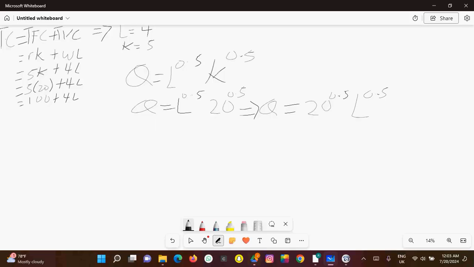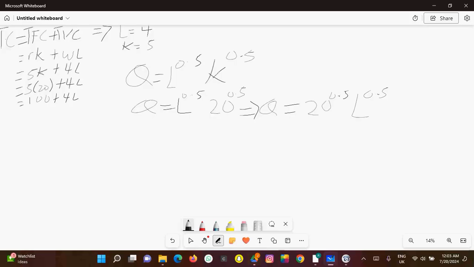Remember we normally differentiate when we are solving for marginal revenue or average revenue, for example. When we are solving for marginal cost, what we normally do is differentiate total cost with respect to quantity. That's why we are making L the subject here and then bringing Q inside the equation to get Q in the total cost function.